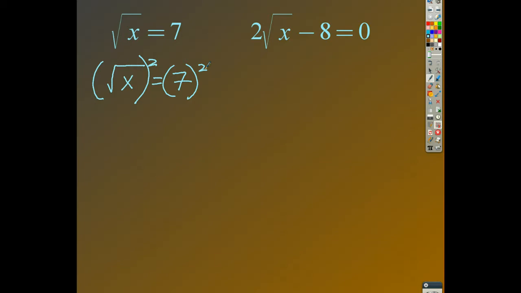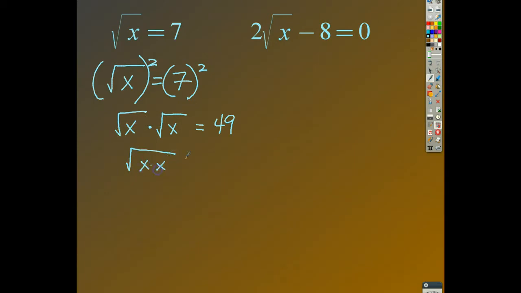What I'm going to get is the square root of x times the square root of x, which is going to be x. It's like the square root of x times the square root of x is equal to 7 squared, which is 49. If you remember from the last section, the rule of radicals when multiplying is that if I'm multiplying two radicals, I can put them both underneath the radical.